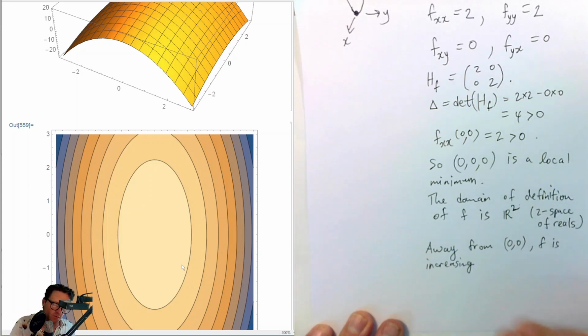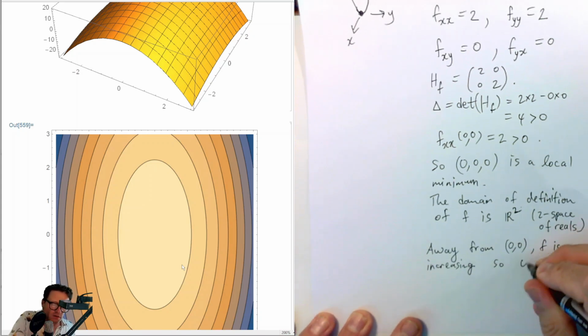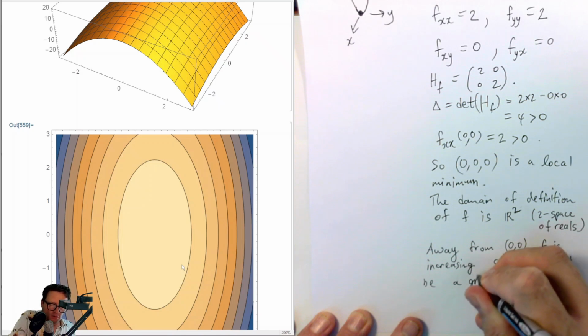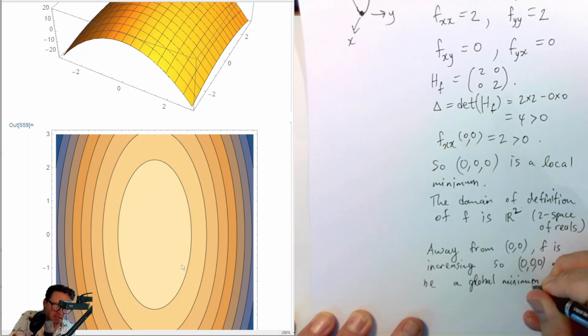All right, so we know that this is increasing, so the point (0, 0, 0) must be a global minimum in addition to being a local minimum.